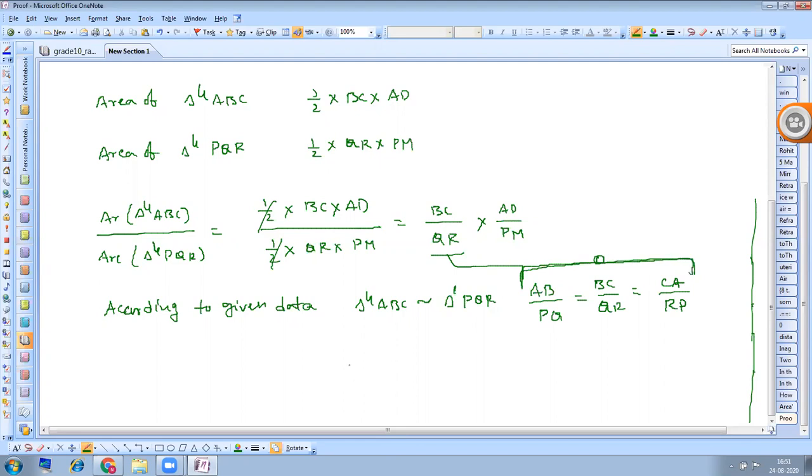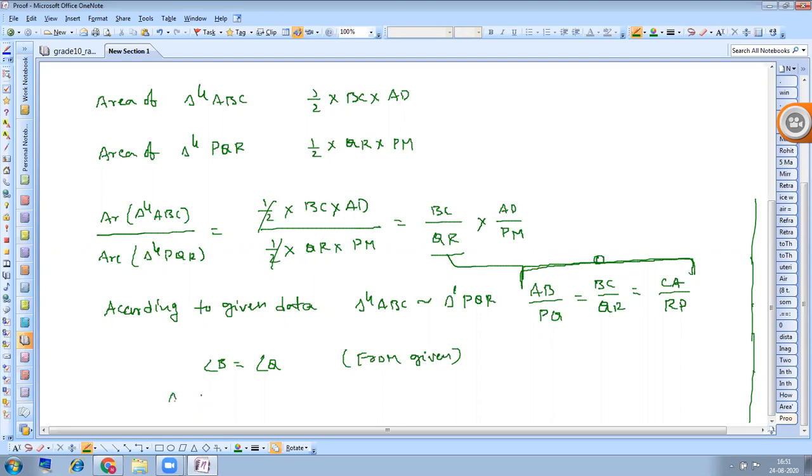Now I'm going back to the discussion. So again, from the angles, angle B is equal to angle Q, and from the given, angle ADB is equal to angle PMQ.